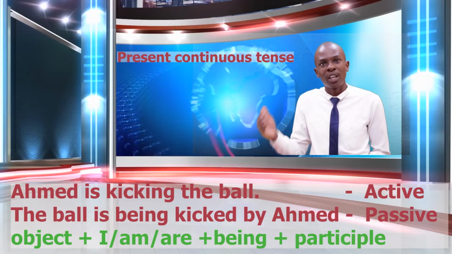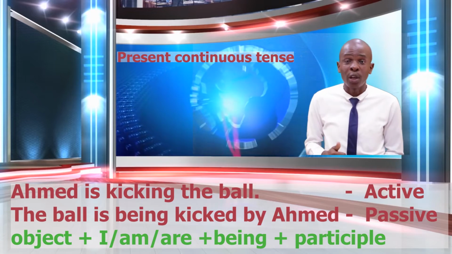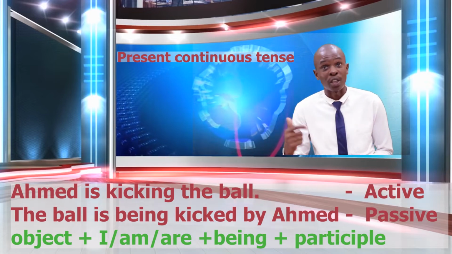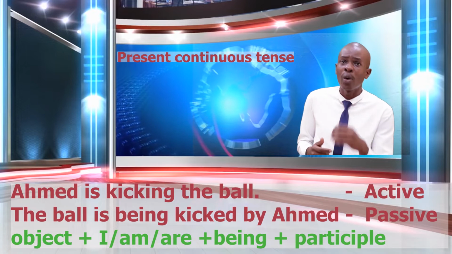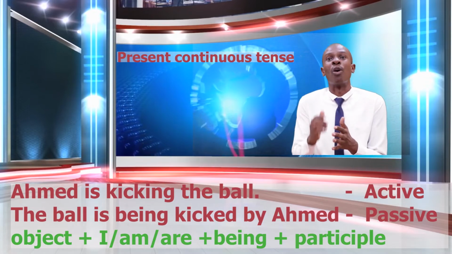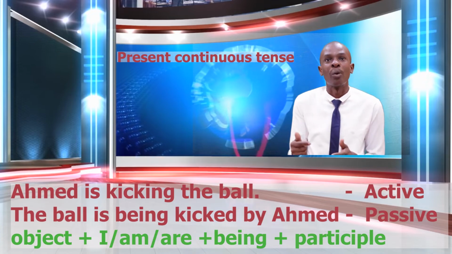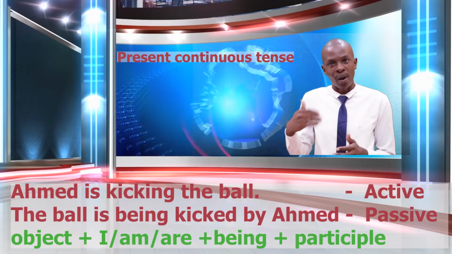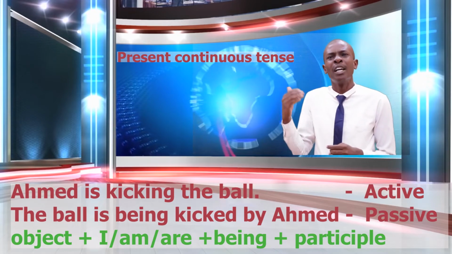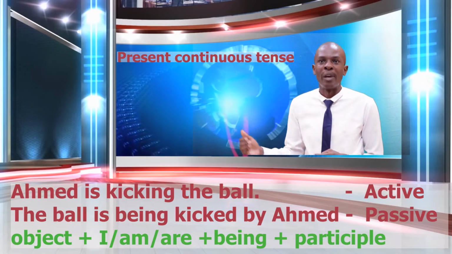When changing into passive voice, remember we need to maintain the tense. Our sentence is in present continuous, so we are going to have the helping verbs am, is, or are, together with being. So our sentence will be, the ball is being kicked by Ahmed.